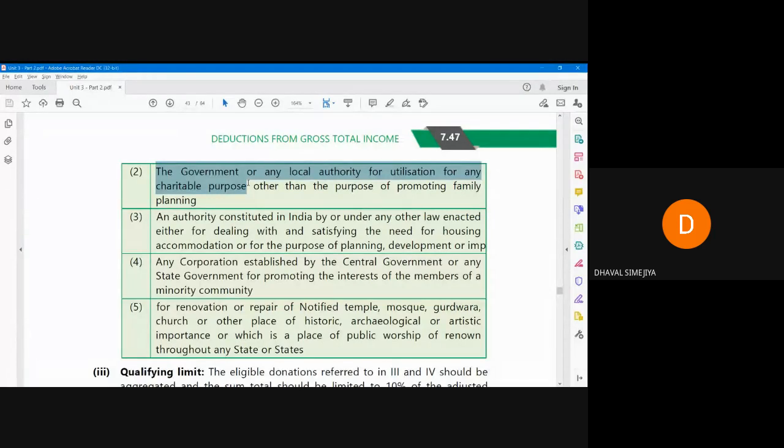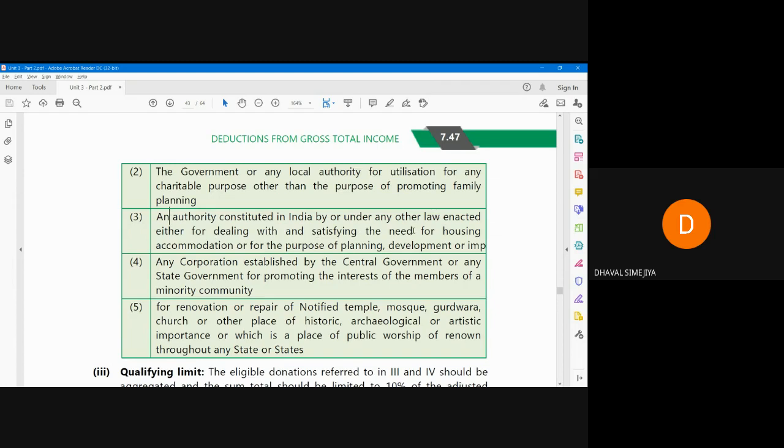Third point, an authority constituted in India by or under any law enacted either for dealing with and satisfying the need for housing accommodation or for the purpose of planning and development.